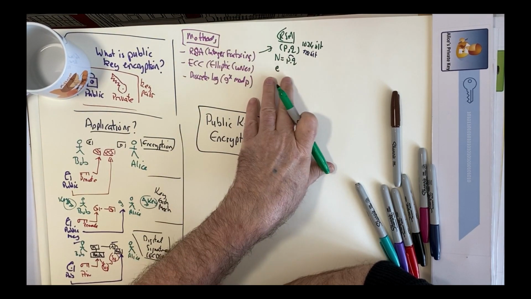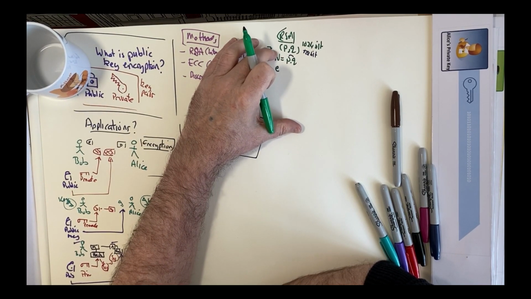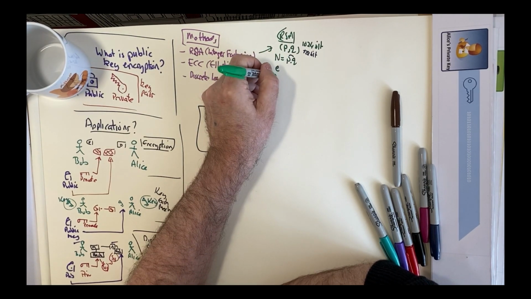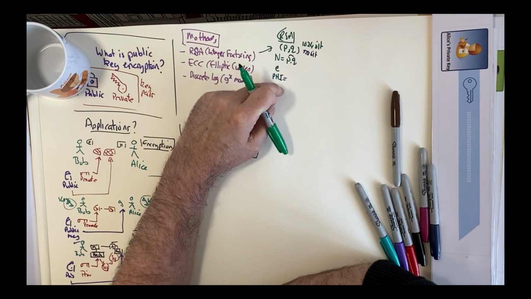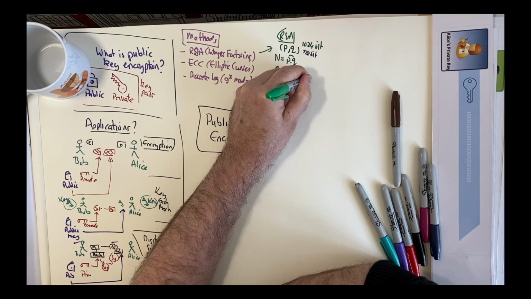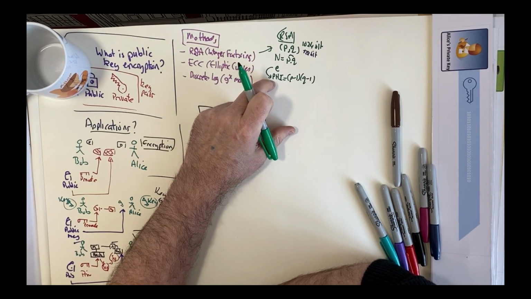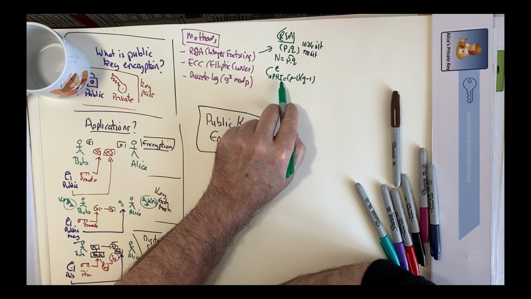So we pick a value of E that isn't a factor of the value that we create. And the value we create is called phi. And phi is P minus 1 times Q minus 1. We then select E, our public exponent, so that it does not share a value with this phi.